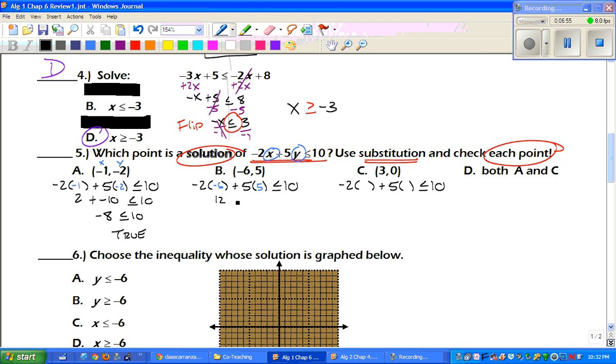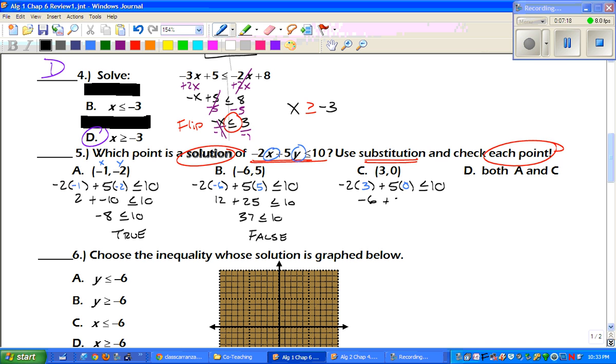Don't be lazy. So -6 and 5. -2 times -6 is 12. 5 times 5 is 25. 12 plus 25 is 37. Is that a true statement? Nope. That's false. 37 is not less than 10. Okay. The next one, it's 3 and 0.